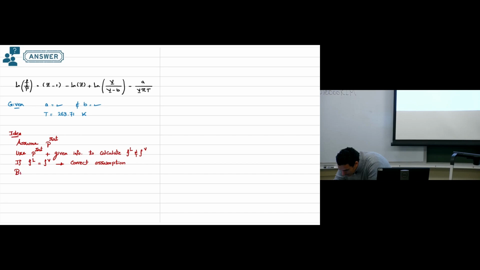But if fugacity of liquid does not equal fugacity of vapor, then this means we have a wrong assumption, and we assume a new P saturation value and keep up the trial and error.